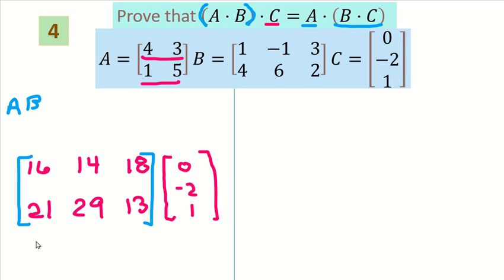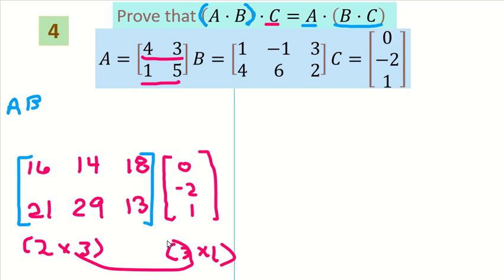Let's see if that works. Okay, 2 by 3. This is a 2 by 3, and this is a 3 by 1. So we're going to take that out, and we'll be left with a 2 by 1.